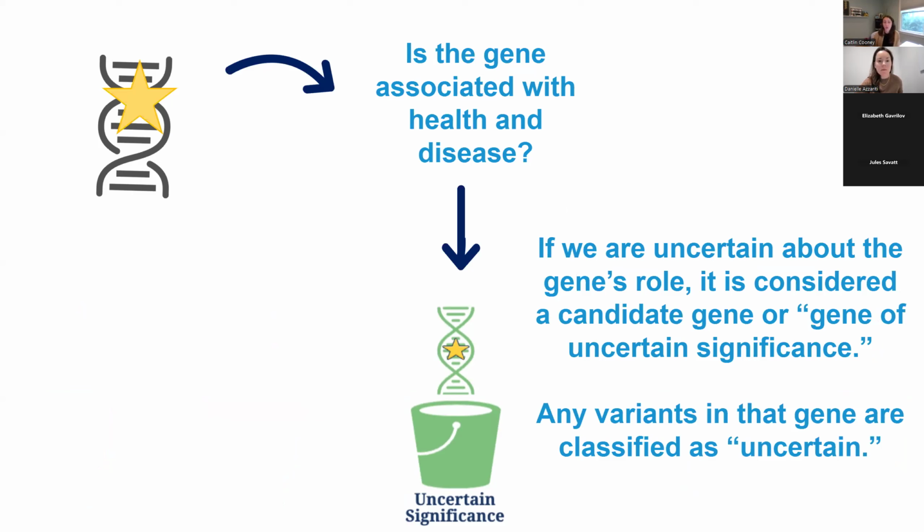We don't know if this change could be related to our patient's health, or if this could be a risk for any health concerns in the future. If we are uncertain about the gene's role, it is going to be considered a candidate gene or a gene of uncertain significance. We really just don't know how to interpret anything about this gene yet because we don't know its role in the body.